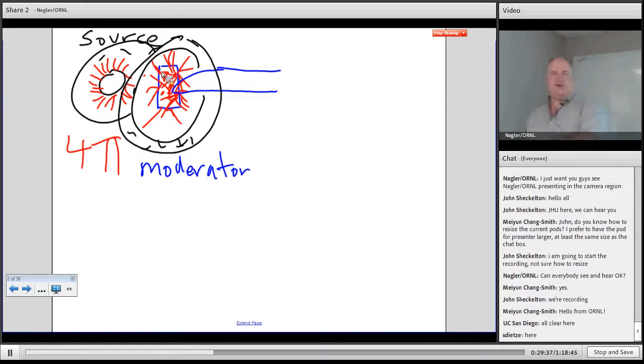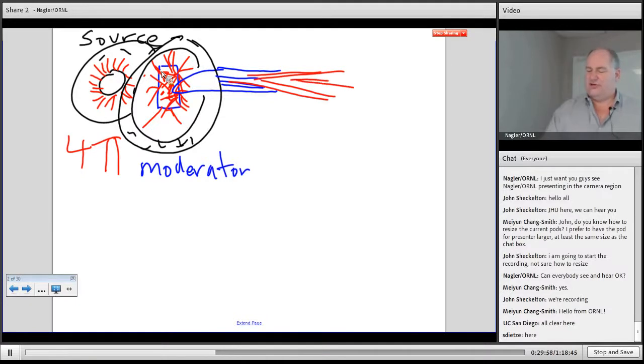So I only have neutrons coming on the beam tube. Now I might want to shape the angular distribution of those neutrons, right? So in order to do that, I may put into this beam tube some additional collimation, right? That now helps define neutrons that come out with a much narrower sort of angular distribution.